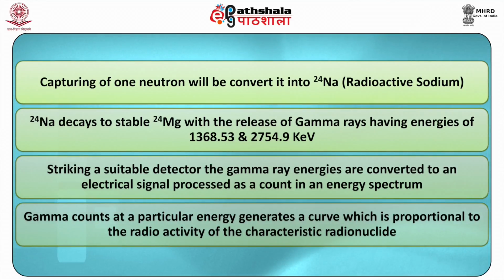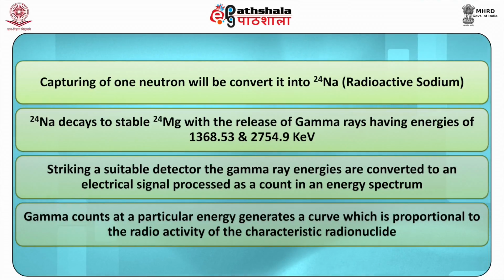The 24Na decays to stable 24Mg with release of gamma rays having energies of 1368.53 and 2754.9 keV. On striking a suitable detector, the gamma ray energies are converted to an electrical signal that is processed as a count in an energy spectrum.